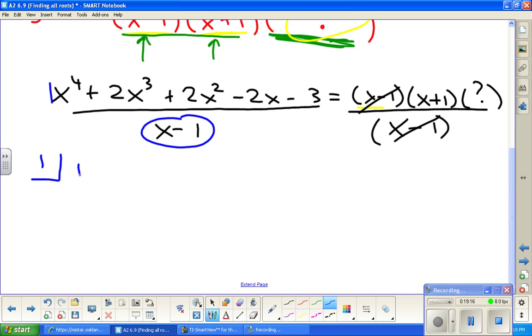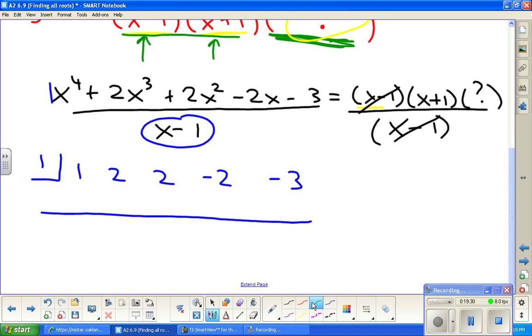So we got a 1x to the 4th, 2x to the 3rd, 2x squared, negative 2x, and a minus 3. Then you have your synthetic process. We're going to bring the 1 down and go from there. We're going to multiply 1 by the 1 to get 1. I'm a step ahead here.